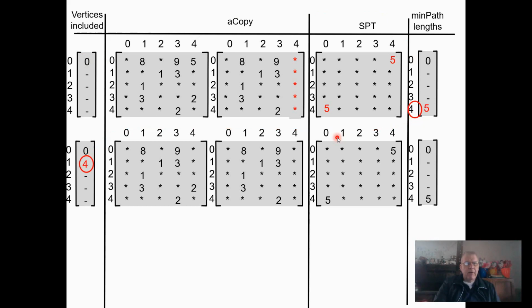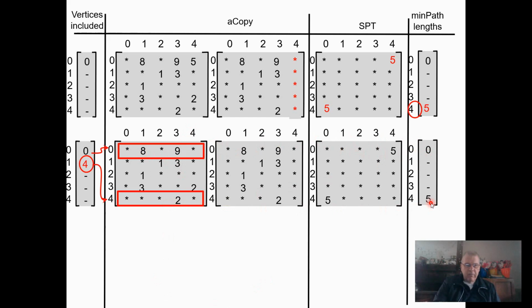Now at the next step, we want to look at 0 and 4 and the edges there, which are those edges, weight 8 and 9 and 2. Now we take 9 plus 0, compare it with 8 plus 0, compare it with 2 plus 5.